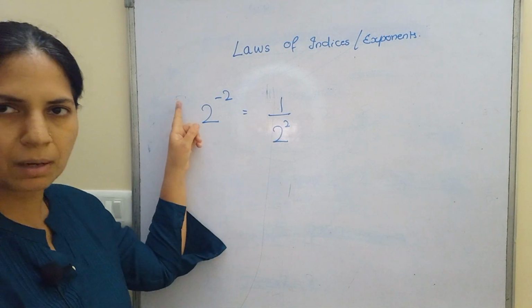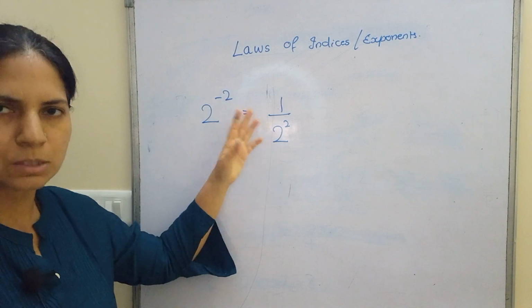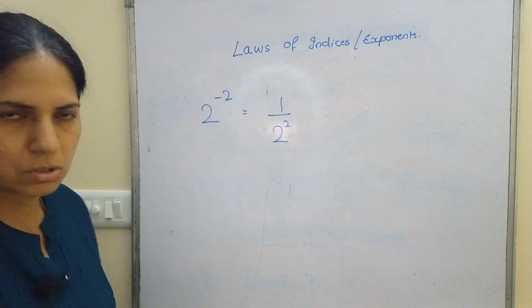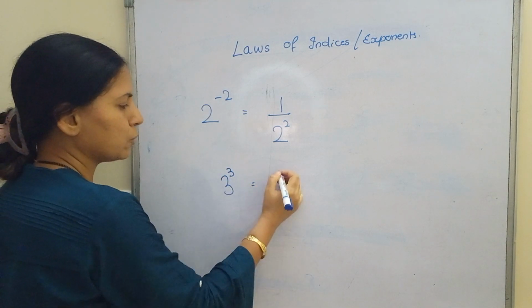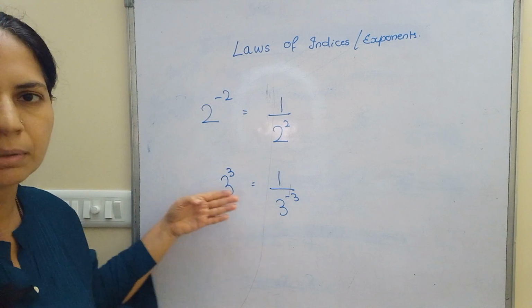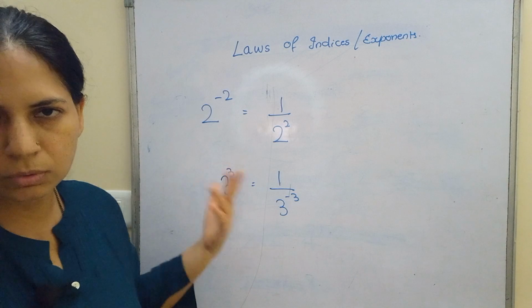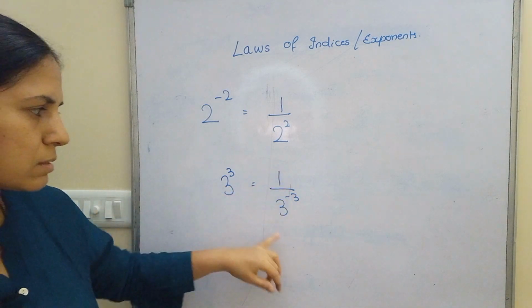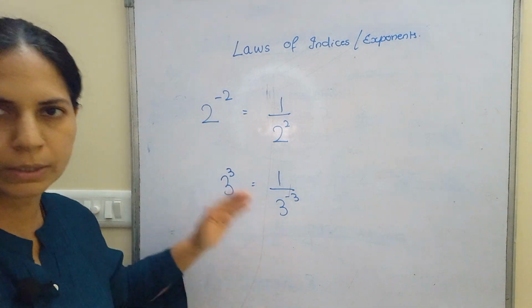If you take a reciprocal of that number, your index, exponent, power would become positive. If you want to make it negative, for example, if it is 3 raised to 3, you can do it too. But usually we make things positive. Being positive is always good. Usually this is the question and this one comes as an answer. We don't do the opposite.